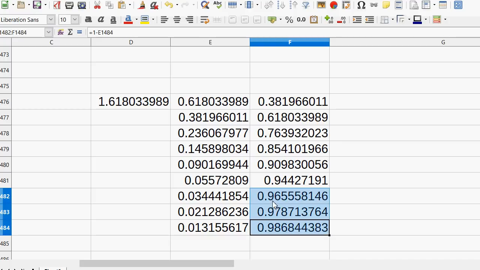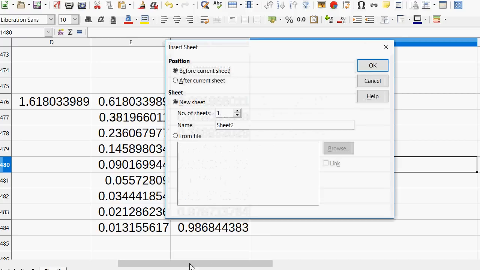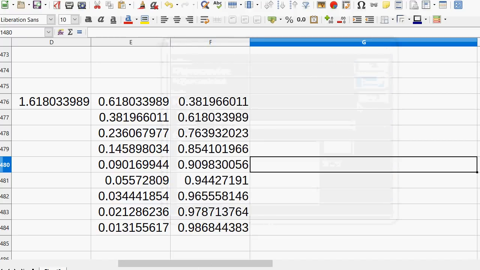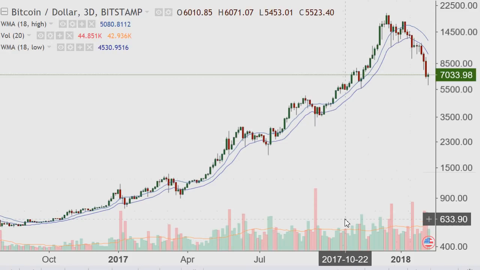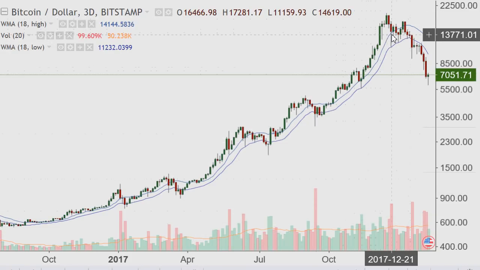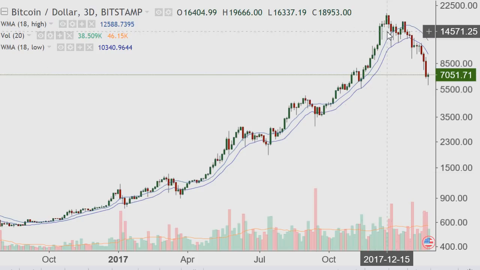And these numbers, I'm going to say, are nonsense, although I've looked at them short term, and they all work very, very well. So then, let's take a look at what the key high and low happens to be on this Bitcoin chart. We have a high in here of 19,666.